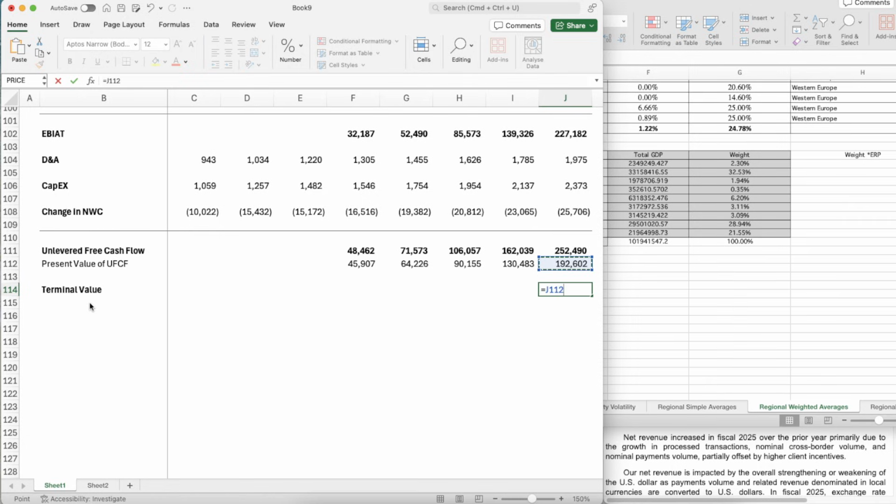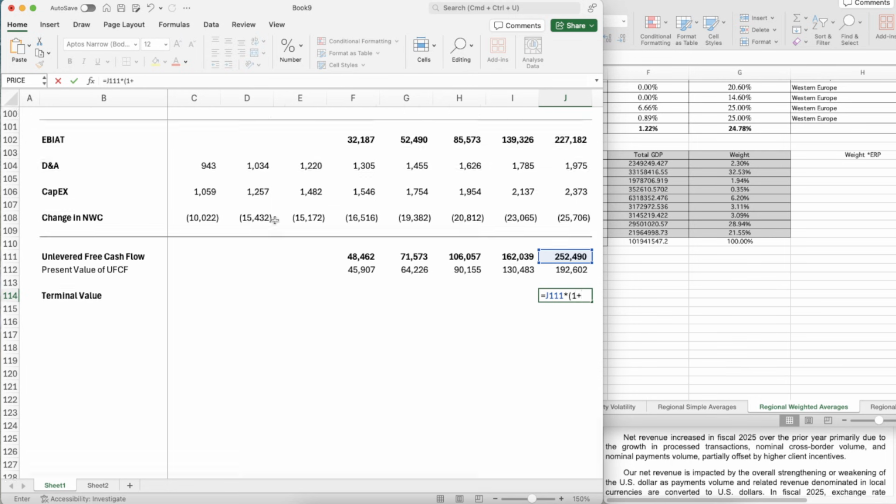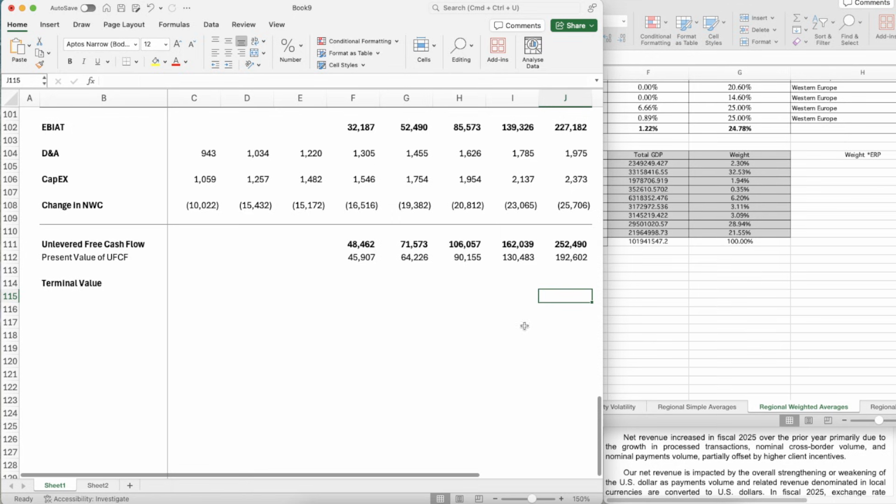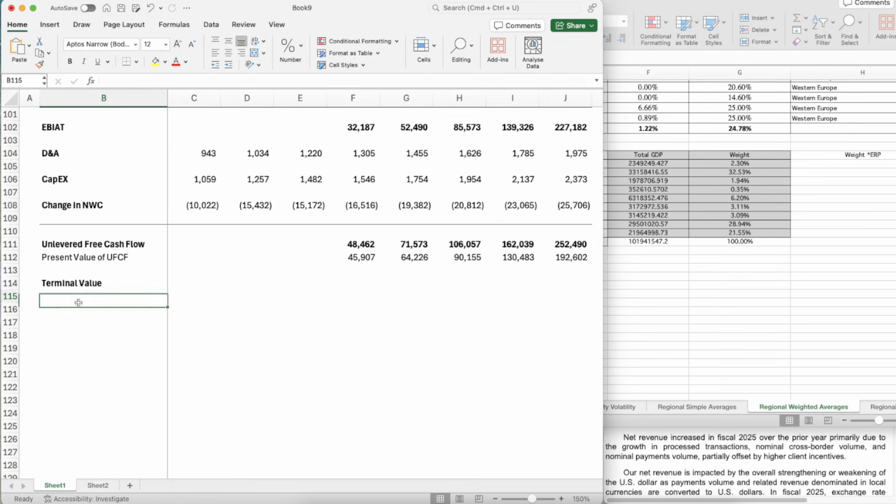Here you take your final year multiplied by 1 plus the terminal growth rate, divided by your WACC minus your terminal growth rate. Then we want the present value of the terminal value.